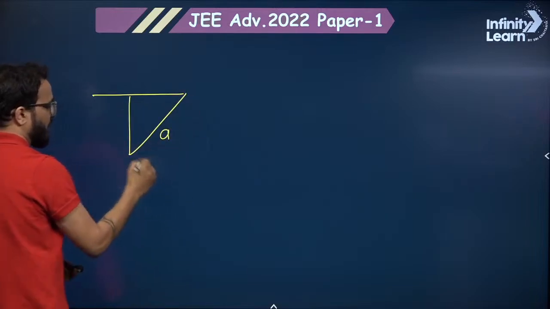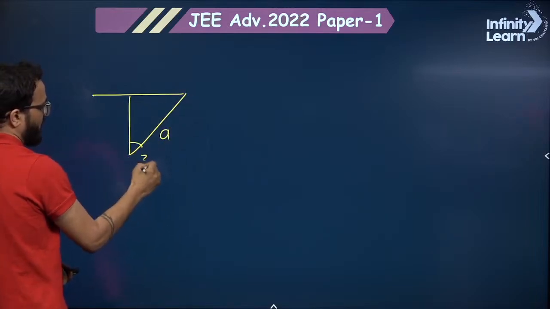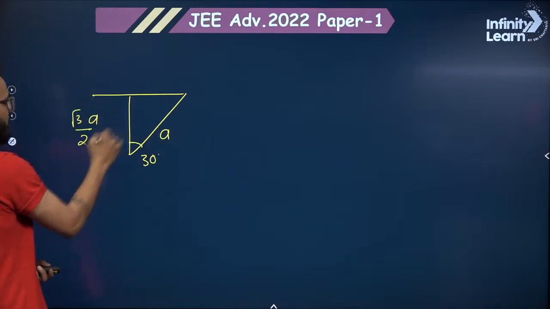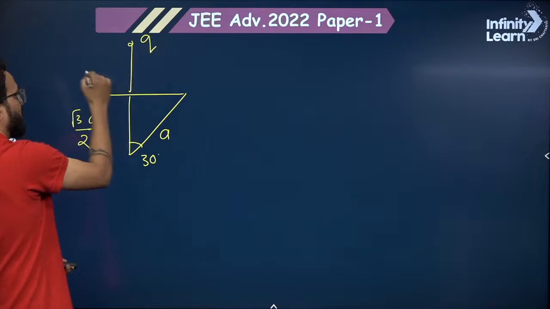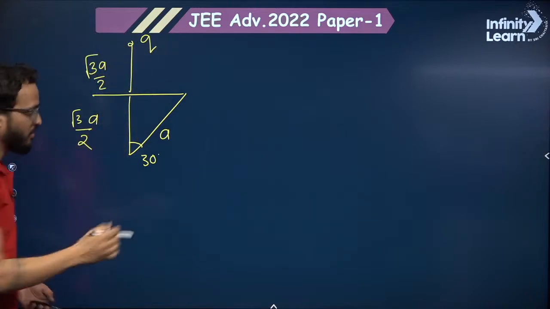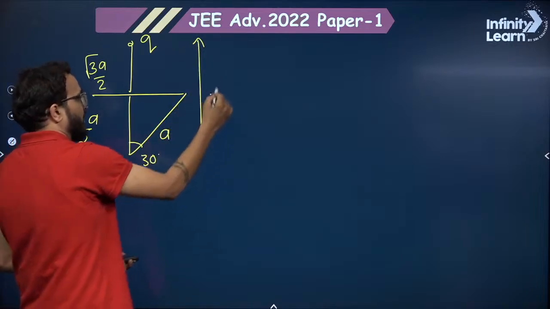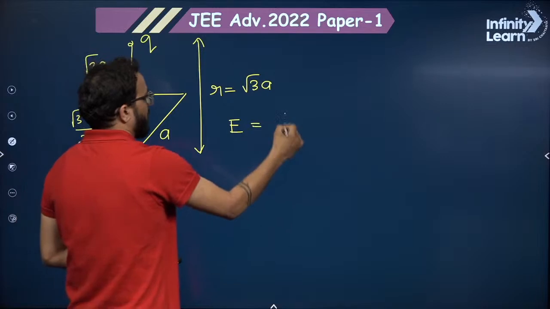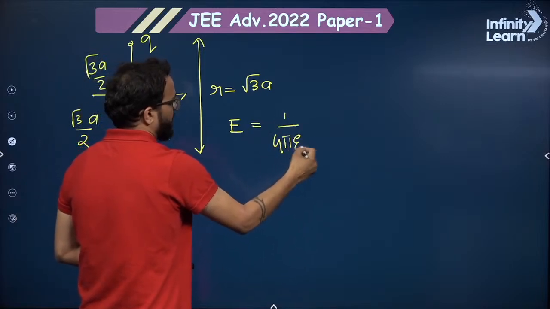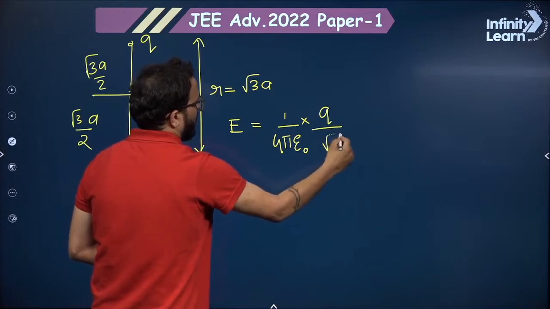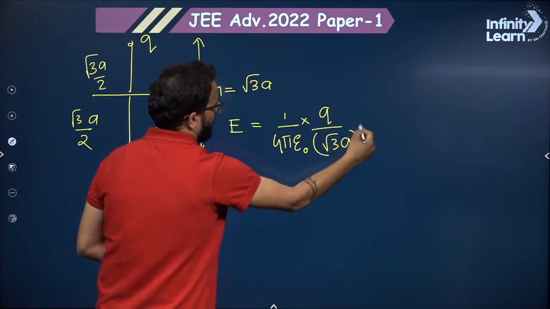What is this distance A, and what is this angle, 30 degrees? So A cos 30 is what? Root 3 A by 2 here, and the charge is here, so this is also root 3 A by 2. So the total distance is root 3 A. So let's say that this R is root 3 A. So what is the field? 1 by 4 pi epsilon naught into Q upon root 3 A whole square.